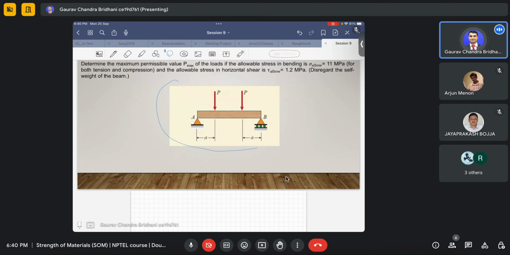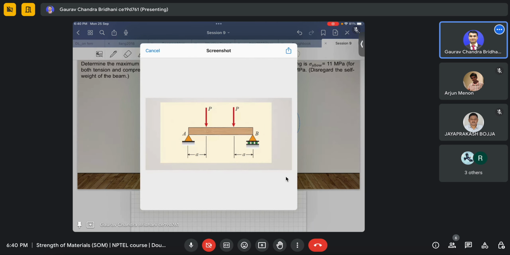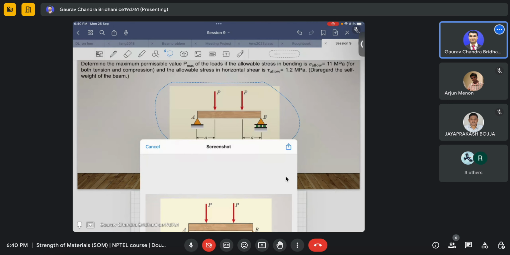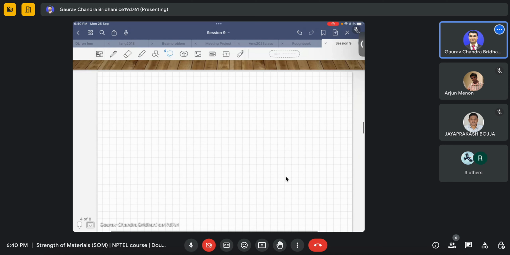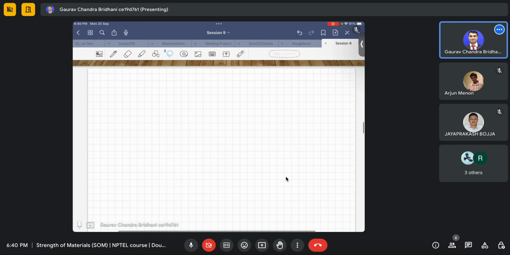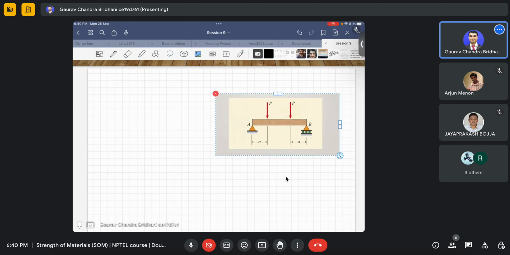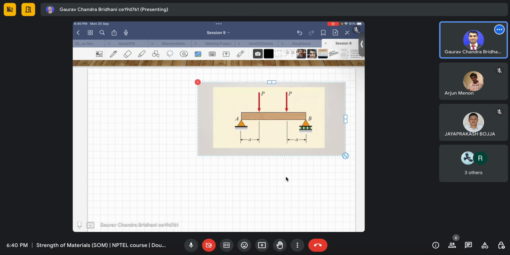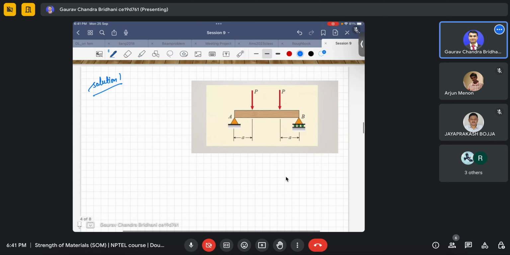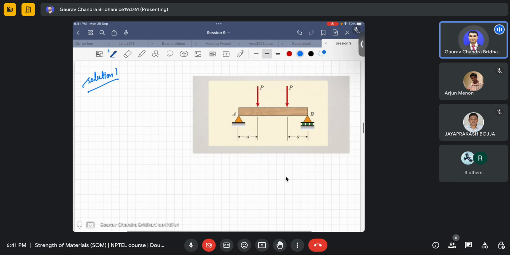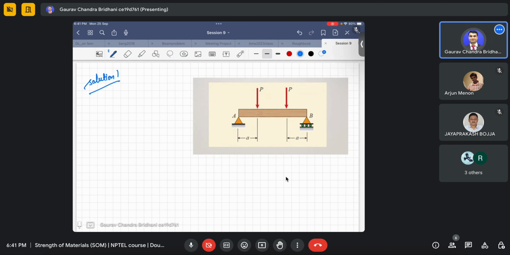I will copy this figure. First we need to find the maximum shear and the maximum bending moment that is going to come.